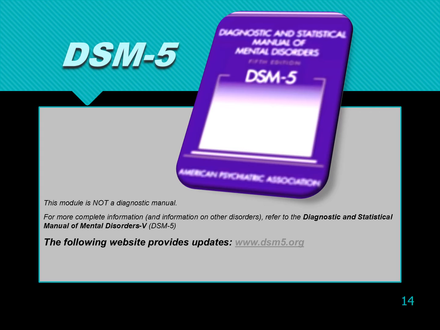The DSM-5 provides a systematic description of the essential features of the disorder, associated features, and other information that you might be interested in. You can access this information online at www.dsm5.org.